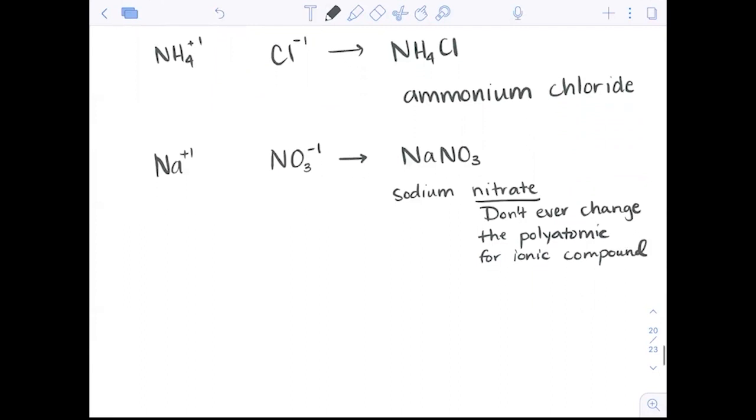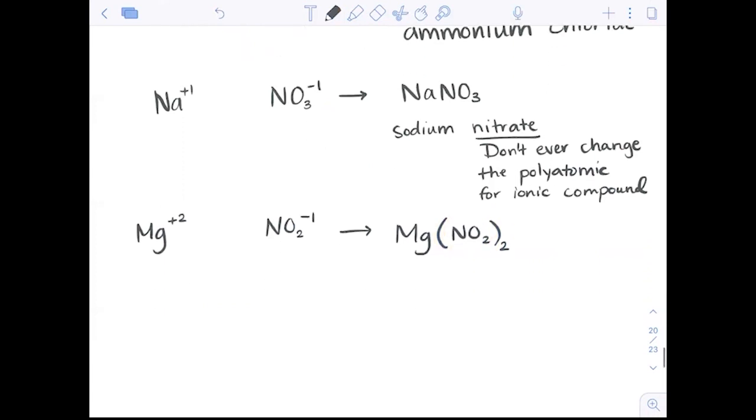All right, just to continue on, magnesium nitrite. Notice for this one specifically, because we have to do the charge swap, and because the polyatomic gets a subscript, I have to use parentheses to identify the idea that that polyatomic is a unit.